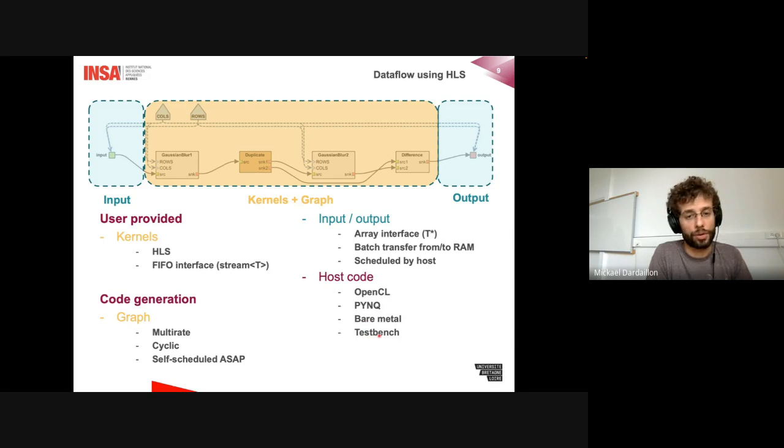And we generate all the testbench to be able to test that the graph is really working, and for the user to test their application even if they are not programming the FPGA. So that's one thing also: you can test the application without running it on an FPGA. That is a property that comes from HLS and we are happily reusing it here.